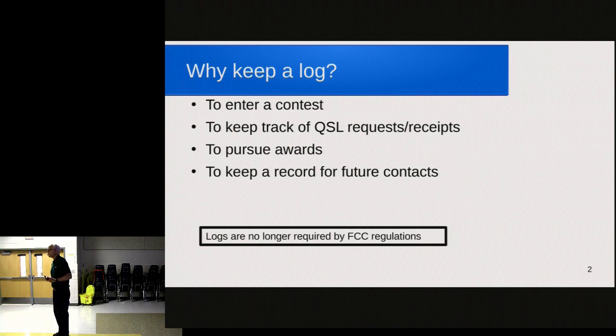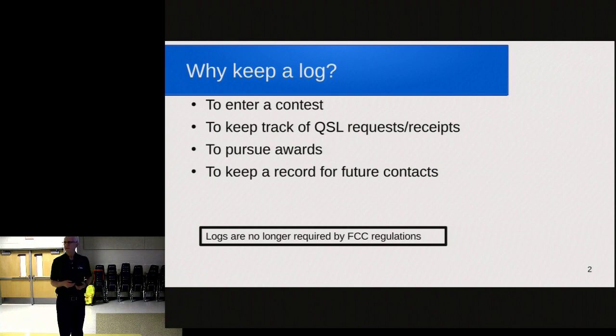The 1962 answer is a card that's about 3.5 inches by 5.5 inches and either sent as a postcard or in an envelope that has the details of the contact, and it's from the station you contacted, and it's your proof for award purposes or for hanging on your wall that you in fact made that amateur radio contact. Today there are also electronic means of confirming radio contacts that are much more convenient if your goal is to pursue awards.